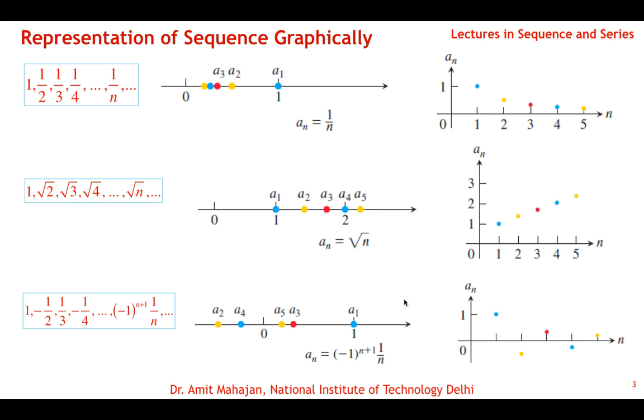Okay, so that's where the concept of convergence or divergence of a sequence comes in. By convergence of a sequence we mean that as n becomes large, or n increases, the numbers in the sequence approach a single finite value. So if the sequence does not approach a single value, or if it does not approach a finite value, then we say that it is a divergent sequence.